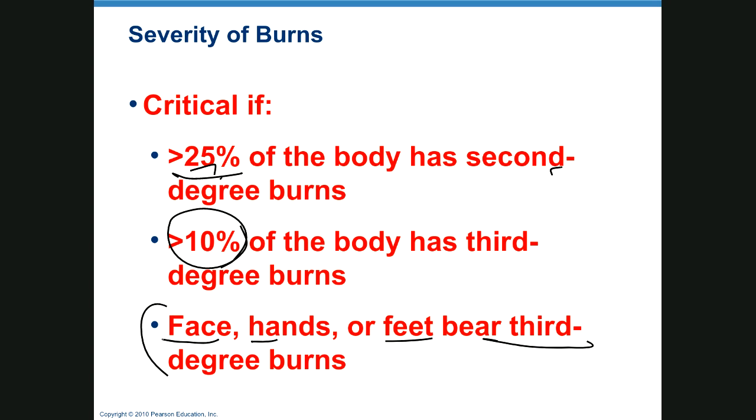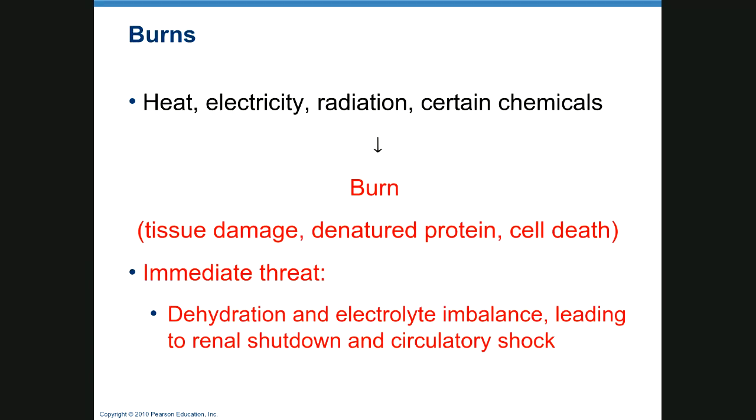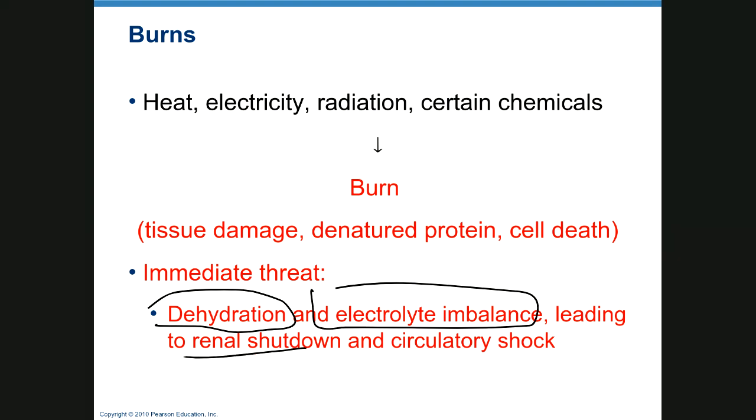The reason why a burn is critical is because, going back to this first PowerPoint, it subjects the body to infection. We have destroyed the protective layer of the skin, so we're going to get infections, dehydration, electrolyte imbalance, and now we have not only a potential infection, but we may have renal shutdown and circulatory shock, which means low blood pressure, which is extremely dangerous.